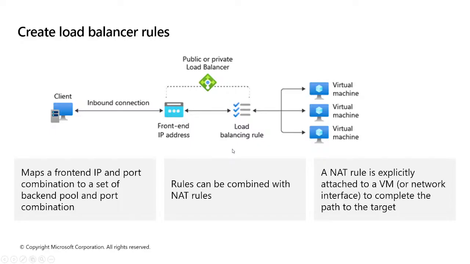You guys should remember when we were talking about public IP address and private IP address, and I said when you want to associate a public IP address or private IP address with your virtual machine, you need to associate it on the NIC card, which is the NIC.